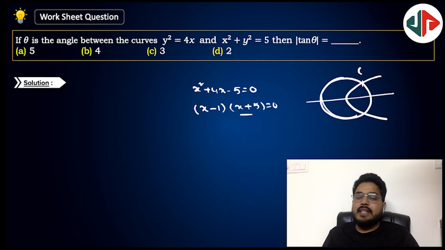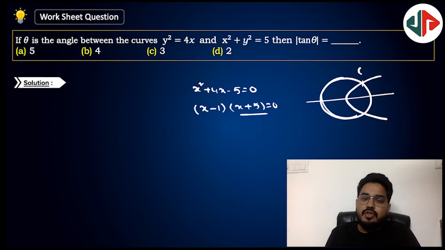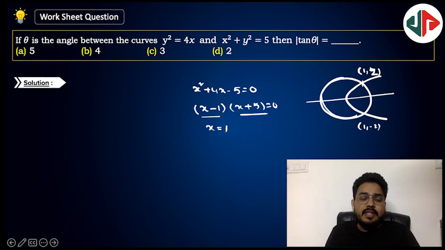But x is negative, not possible. So you will be getting x is equal to 1. So x is equal to 1, y square is 4, so y is equal to 2. So this point is (1, 2). Now, what is the thing you need? I need the angle between these.